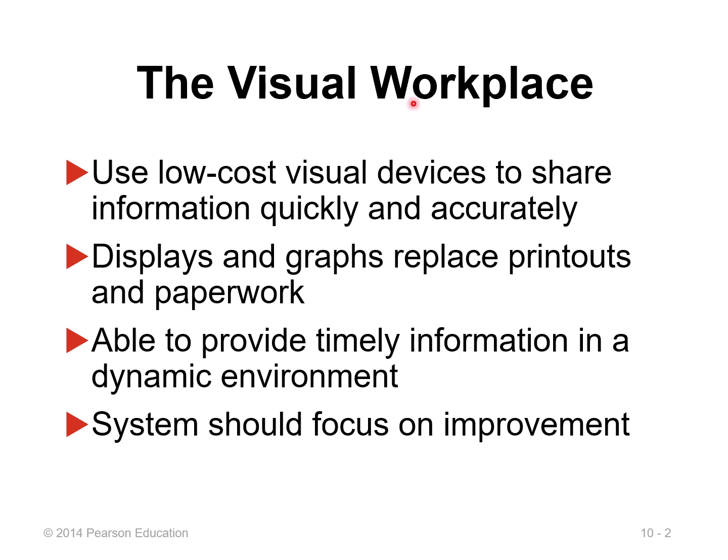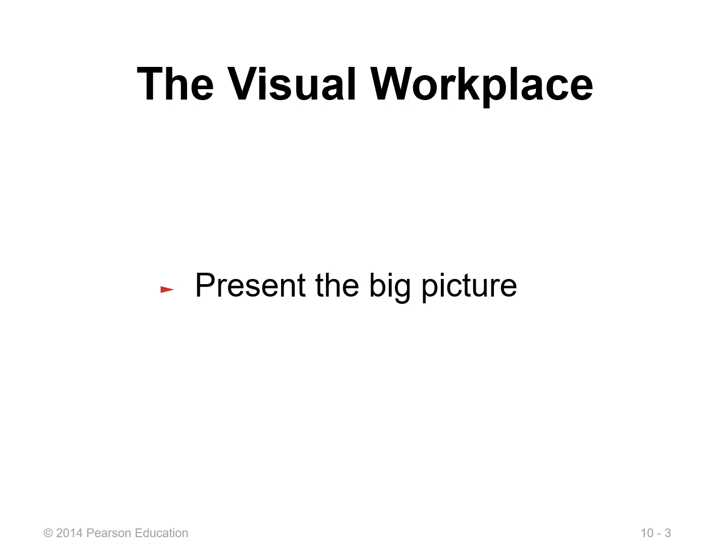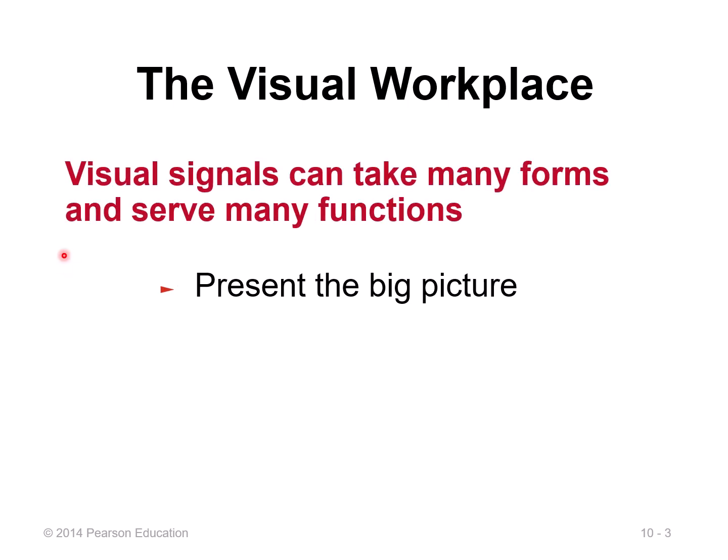Here, the visual signals can take many forms and serve different functions. In a visual workplace, they help us, number one, present the big picture, ensuring that everyone understands overall goals and objectives. Next is track performance, providing clear indicators of progress and areas for improvement.